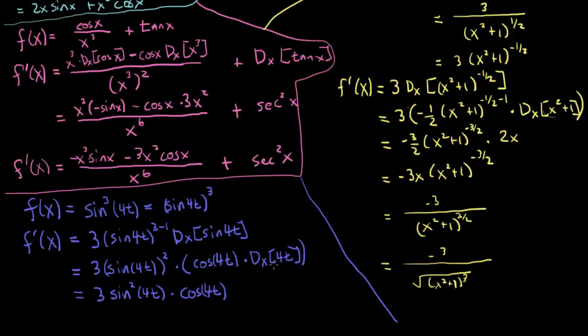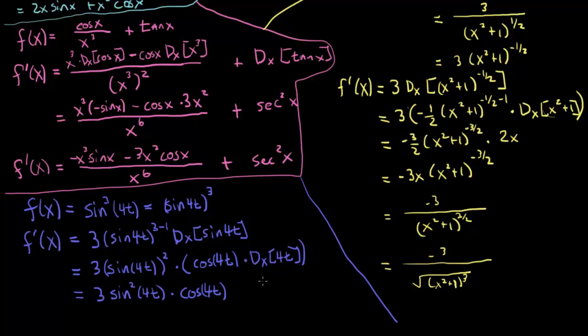The derivative, oh, I should have said dt here. All right, guys, my notation's a little messed up here. That should be a derivative with respect to t, not an x right there. Okay, sorry about that. I'm just so used to using x as the independent variable.